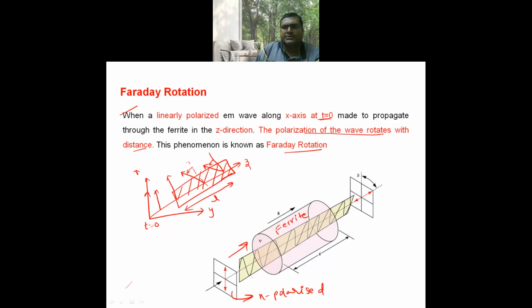After crossing the ferrite rod, you can observe some rotation in the polarization of the electromagnetic wave, and the polarization rotates with distance. This phenomenon is called Faraday rotation.